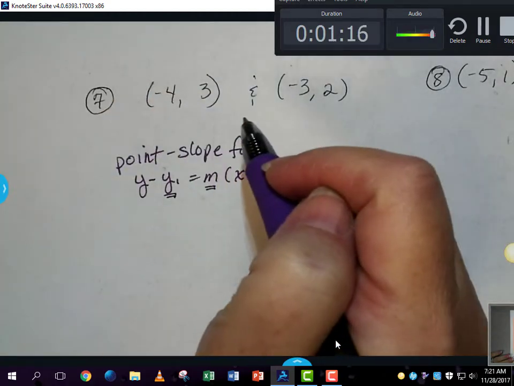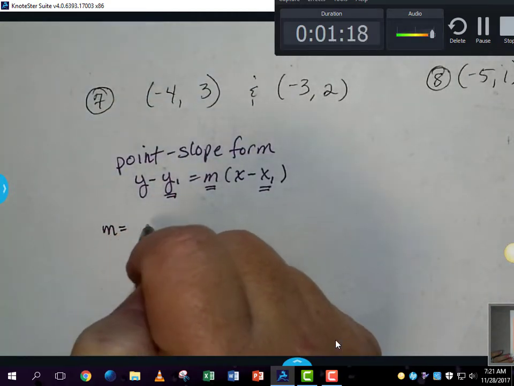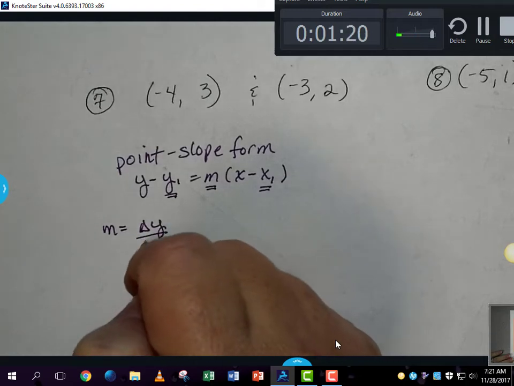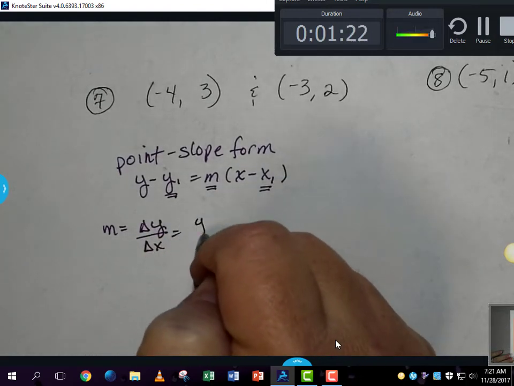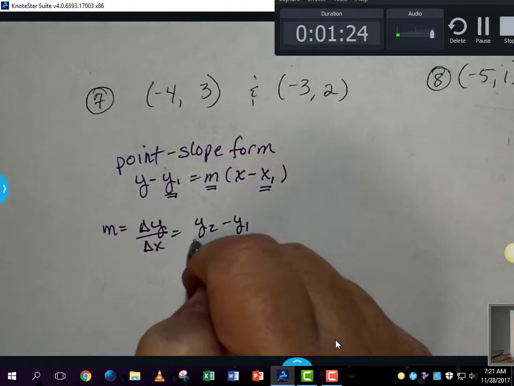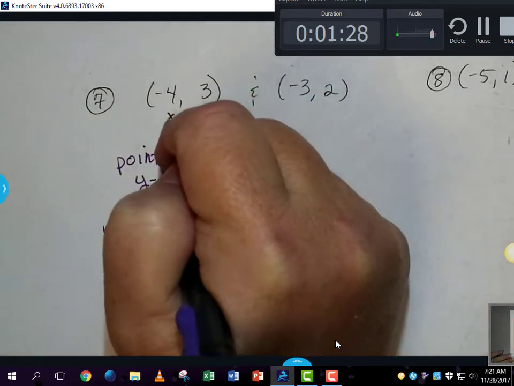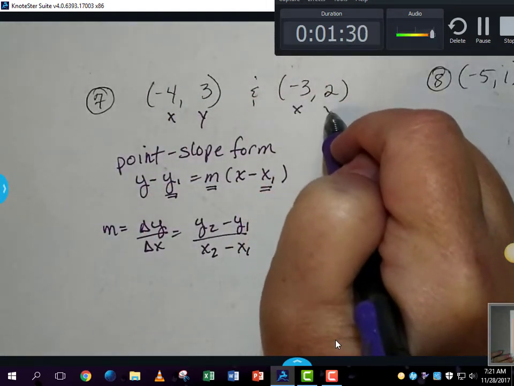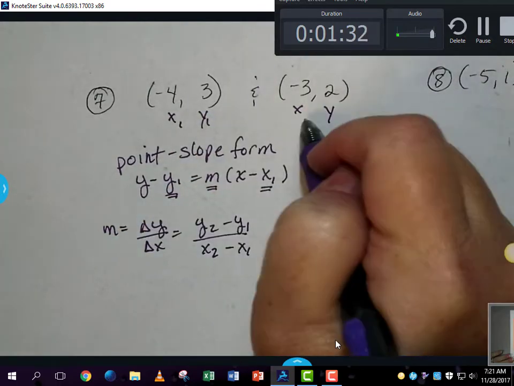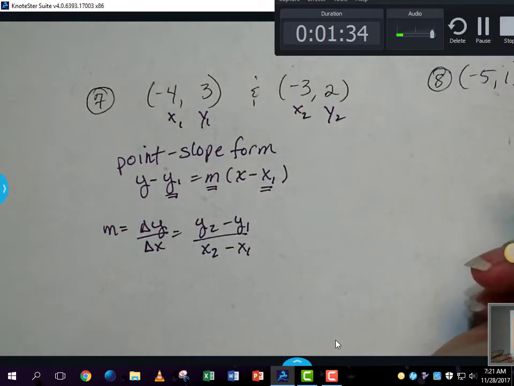Okay, so the first thing I need to do is calculate my slope, which we know is the change in y over the change in x, which is y sub 2 minus y sub 1 divided by x sub 2 minus x sub 1. xy, xy, 1s, 2s.